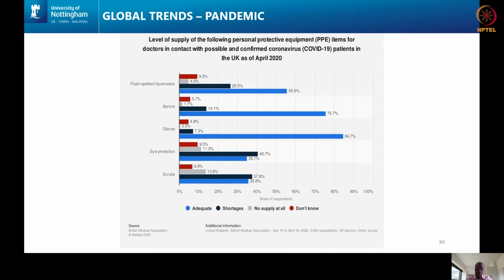Shortages of PPEs such as scrubs, eye protection equipment, and gloves. The local supply chain in the UK was unable to respond to the sudden surge in demand, and this has sparked conversations about the importance of local manufacturing.